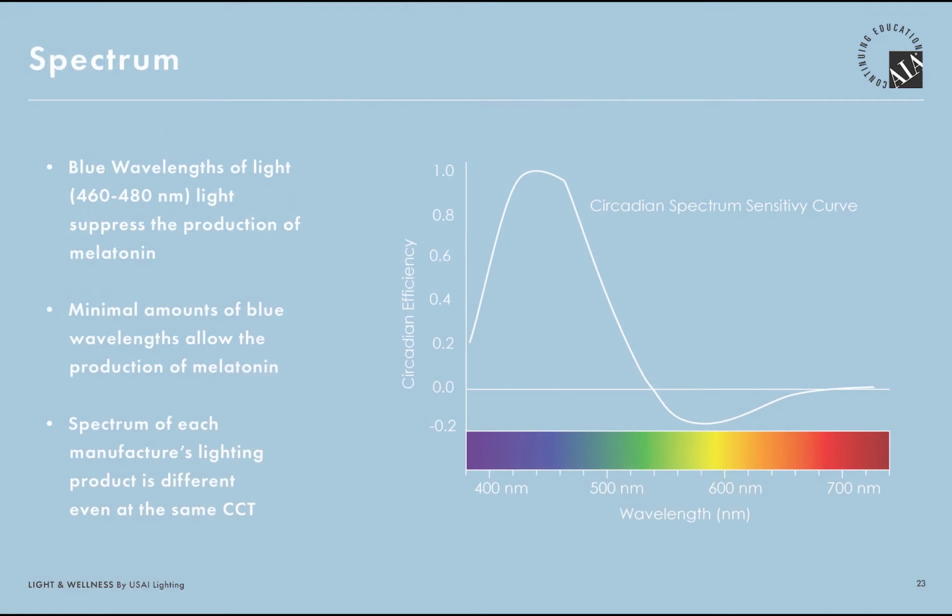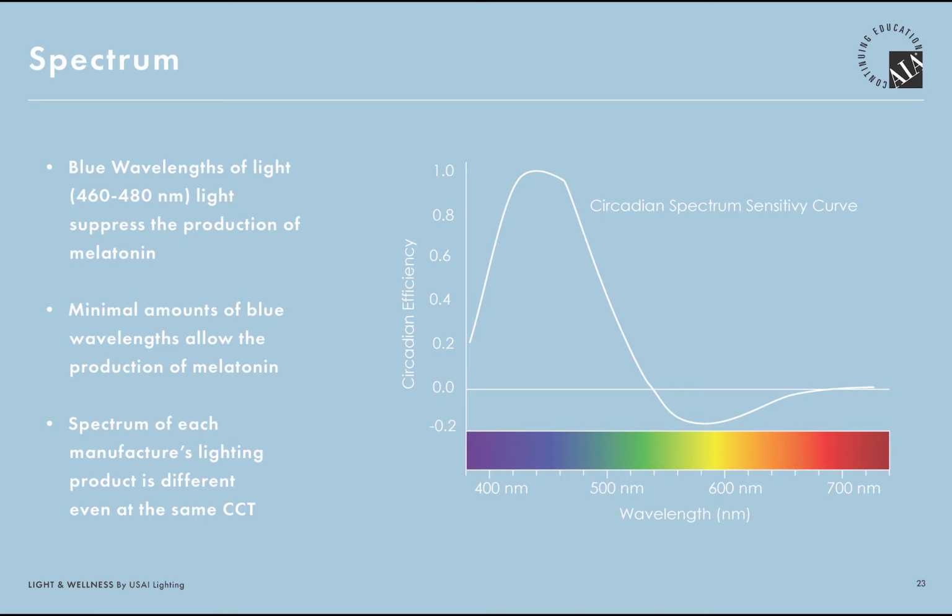One of the most important lighting parameters is the spectrum of the light source, primarily the presence or the absence of those blue wavelengths. Remember that photosensitive cell was very sensitive to those blue wavelengths. And when sufficient quantities of blue wavelength light are present, melatonin production is suppressed, it drops, which keeps you awake and alert.